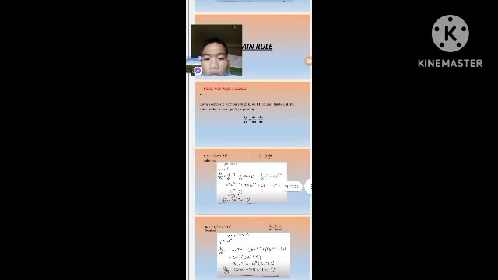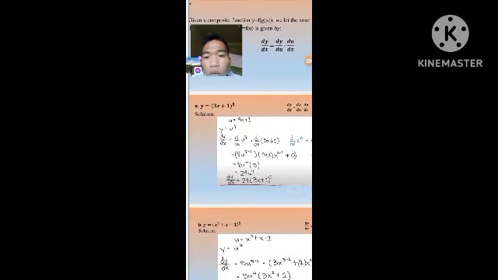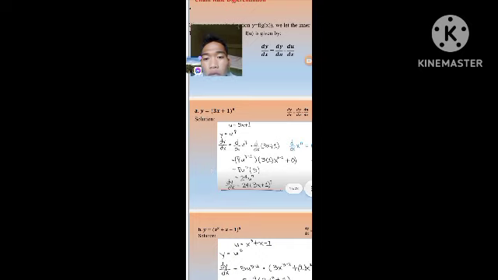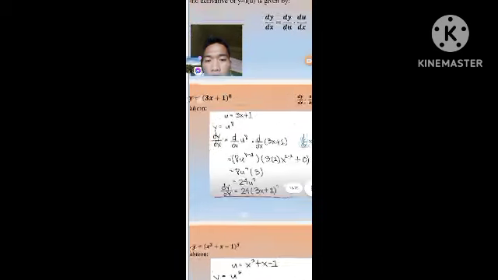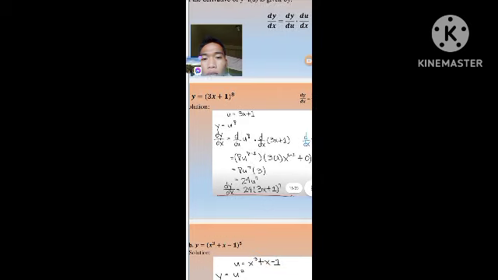So we have an example of y equals 3x plus 1 raised to the power of 8. And now, our u is 3x plus 1 and our y is u to the 8.